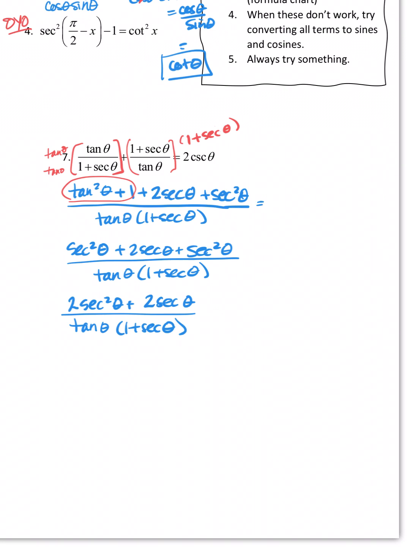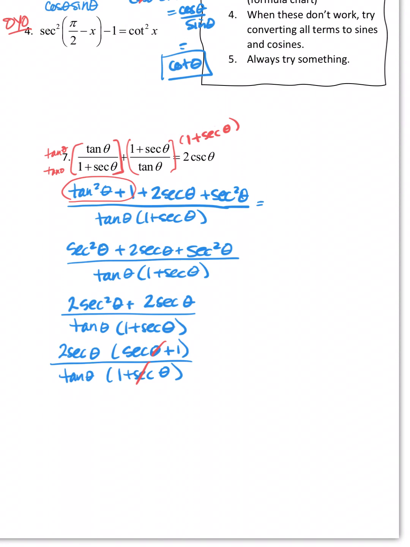We can take out a 2 secant theta. That leaves me with secant theta plus 1. Now it's over this. Okay, aren't these identical? Those are the same.